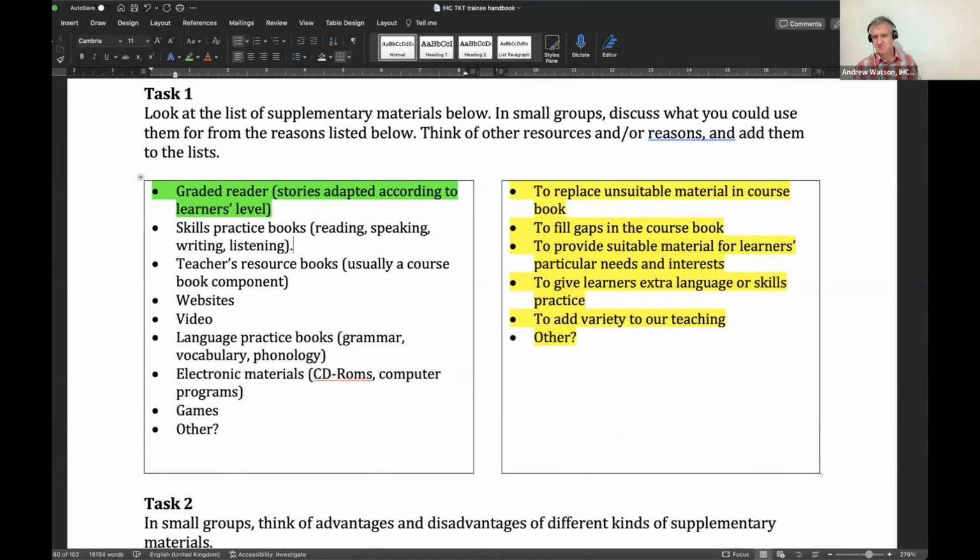Yeah, this is from the Programa Nacional de Inglés en Educación Básica, right? And it's got lots of reading activities, but it's graded to the level of the students, right?